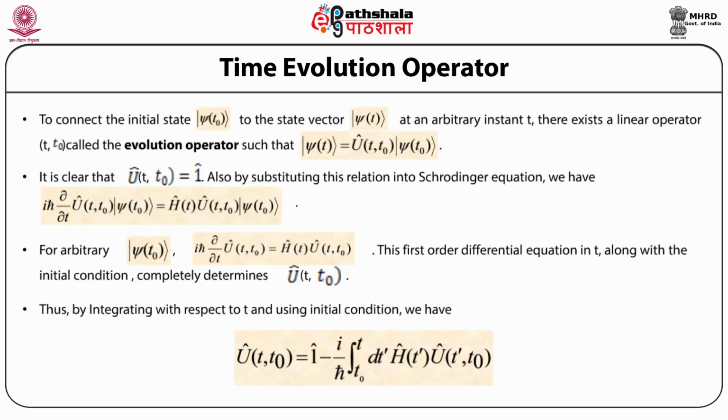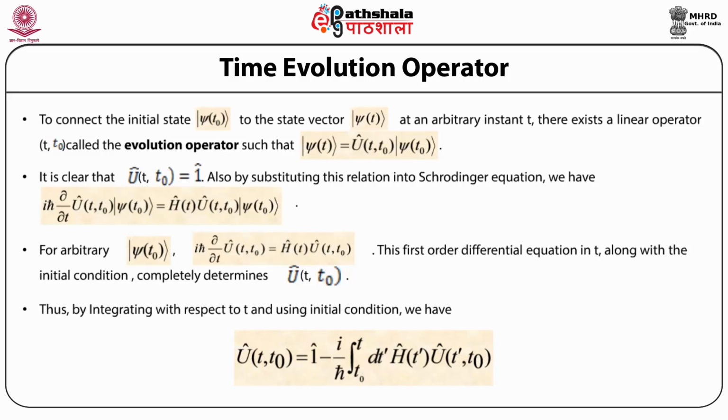Now if the operator A does not depend on time explicitly, so that the partial derivative with respect to time of the operator A goes to 0, then the time derivative of the expectation value of operator A is given by only the first term of the above equation, that is 1 upon iota h cross, whole times the expectation value of the commutation relation of the operator A with operator H. Now, if the Hamiltonian operator H commutes with the operator A, then its expectation value does not depend on time, because the time derivative of the expectation value of the operator A in such a case will turn out to be 0.